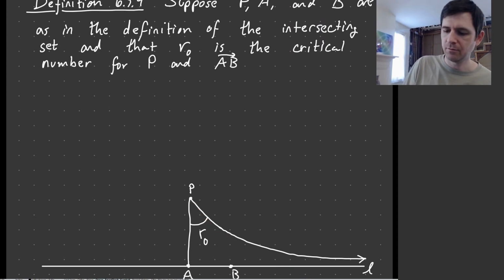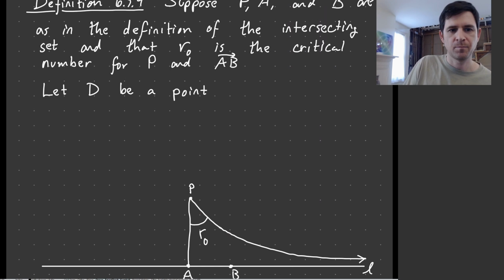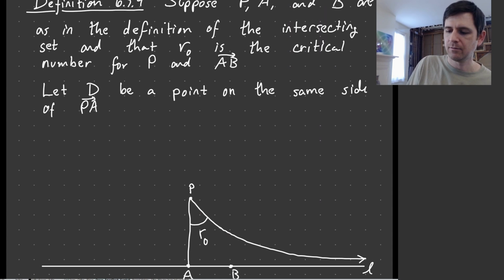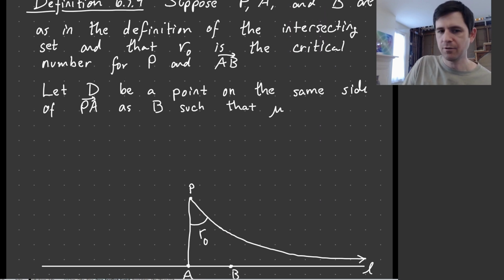Okay, so then we'll let D be a point on the same side of PA as B, such that the measure of APD is equal to R naught.